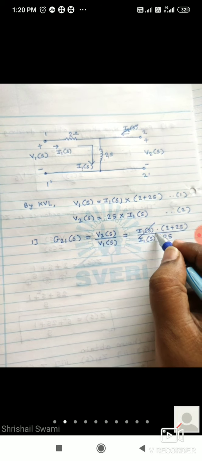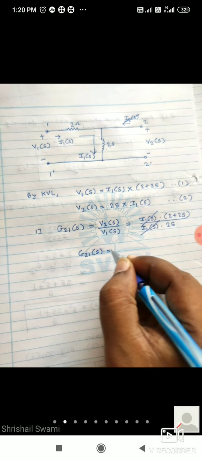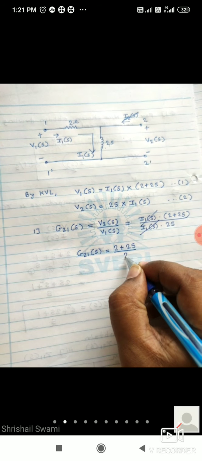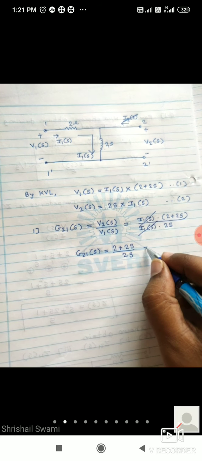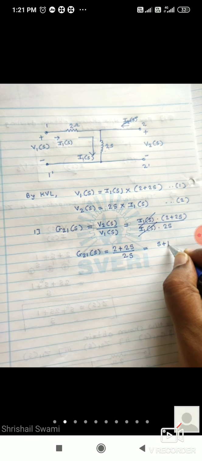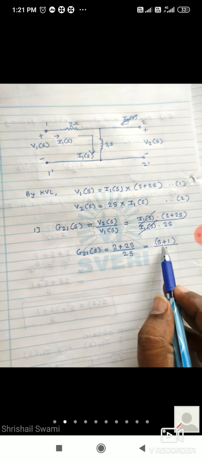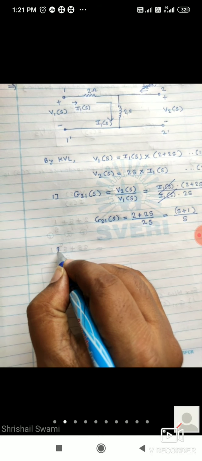So here these two will get cancelled. So G21 of S is equal to 2S divided by 2 plus 2S. Here you can take 2 common. If 2 is taken common, here it is S divided by S plus 1. 2 and 2 cancel and S divided by S plus 1 remains. So this is the answer of G21 of S.